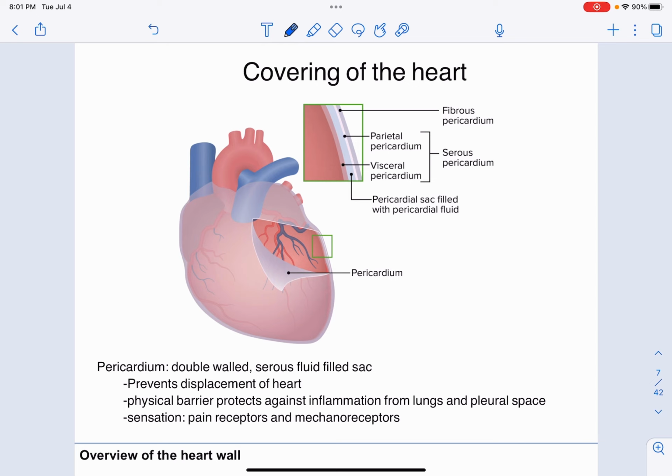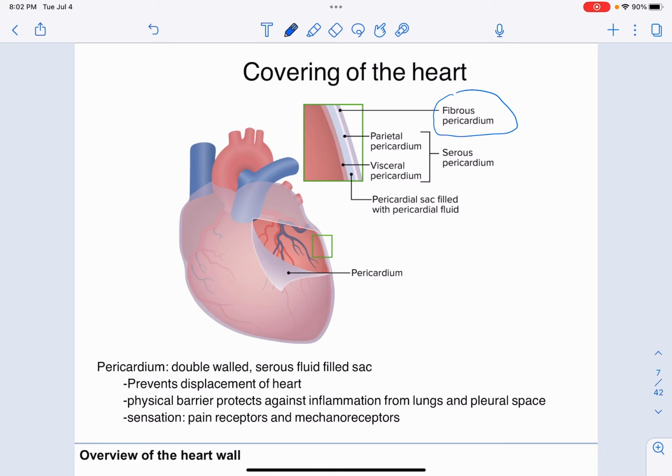All right, so let's start with the outermost layer that covers the heart, which is called the fibrous pericardium. This is the outermost, the superficial layer that's covering the heart. And you don't typically see this because it's typically removed on the cadaver heart. And it's also typically removed when we do the sheep dissection.